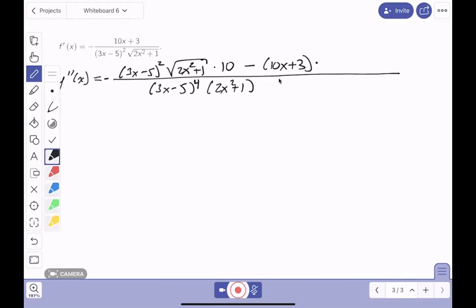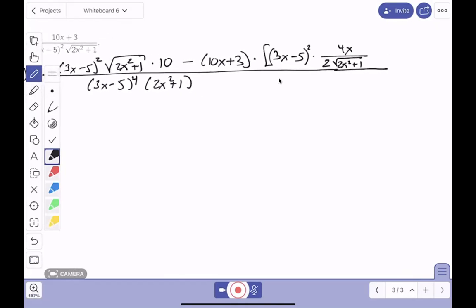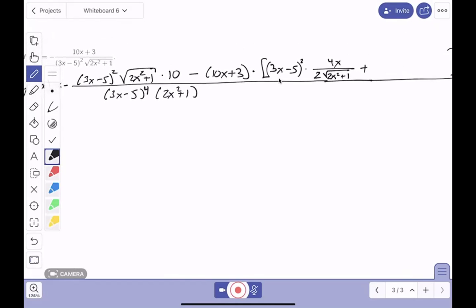This is where it gets tough. Yep, it's going to get tough. Let's keep going. Oh boy.